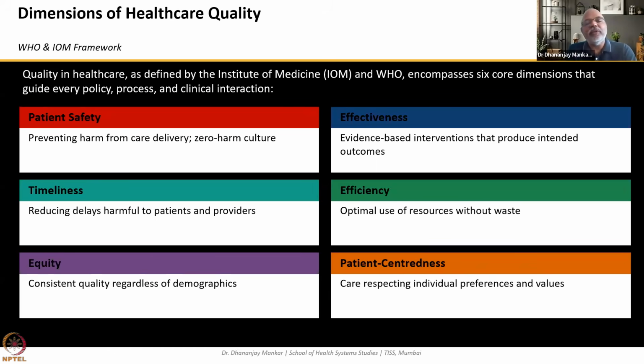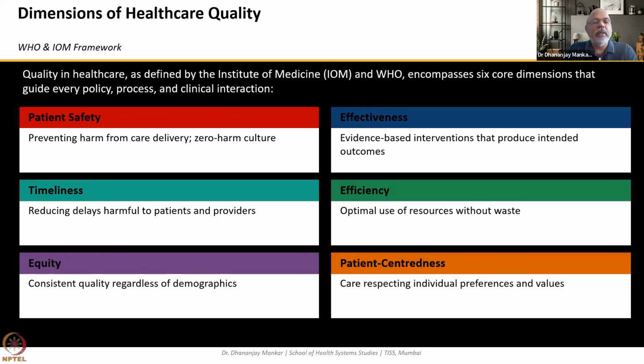Then comes effectiveness, which is important when we talk about evidence-based interventions that produce intended outcomes, which you can see and measure, in those practices where we try to give evidence of the healthcare initiatives and interventions that we take, which are measured through tools like Six Sigma.